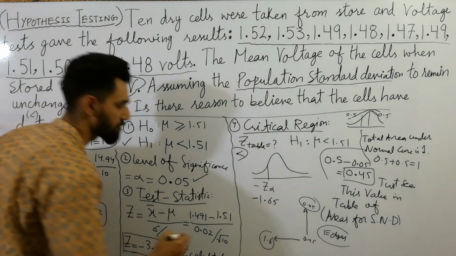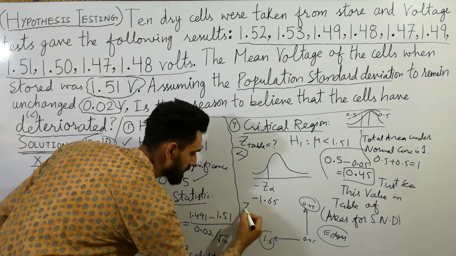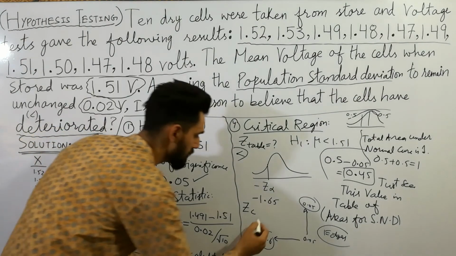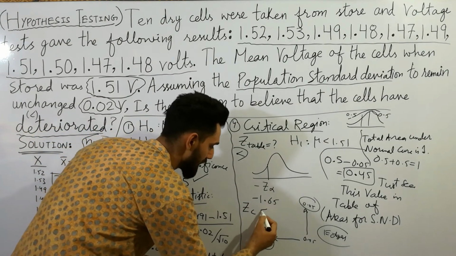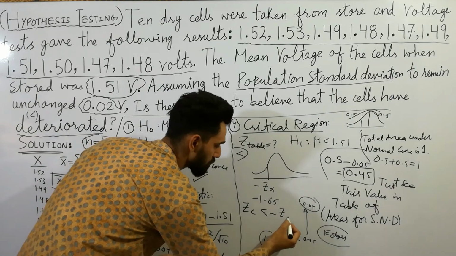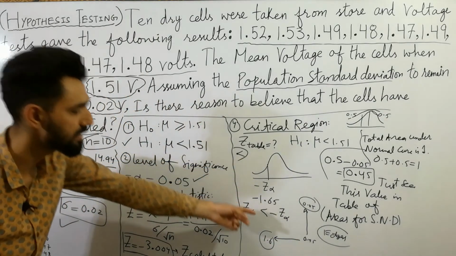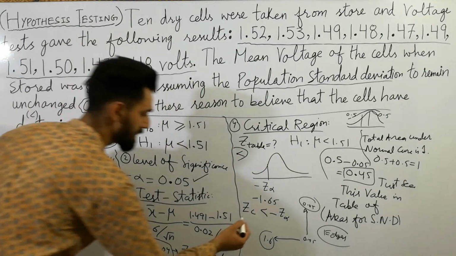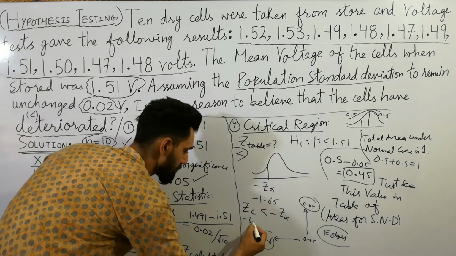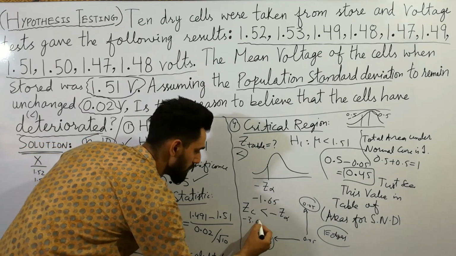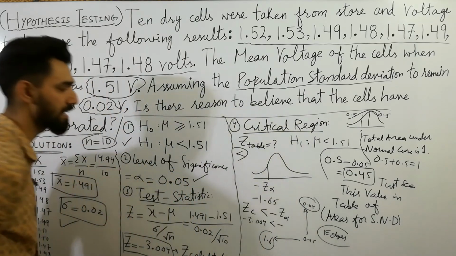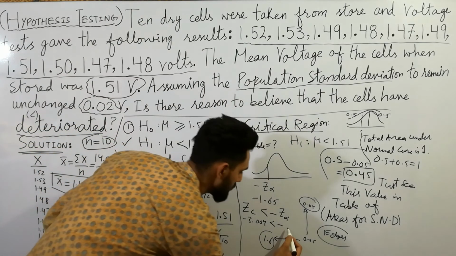So first of all, you check that the calculated value of Z, this sign will be here less than minus the Z table value, which is z alpha. So here the calculated value is given as minus 3.004, less than minus 1.65.